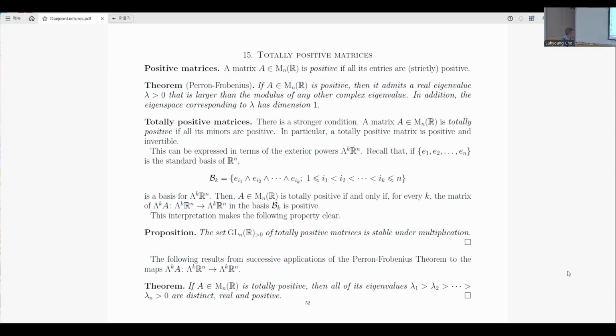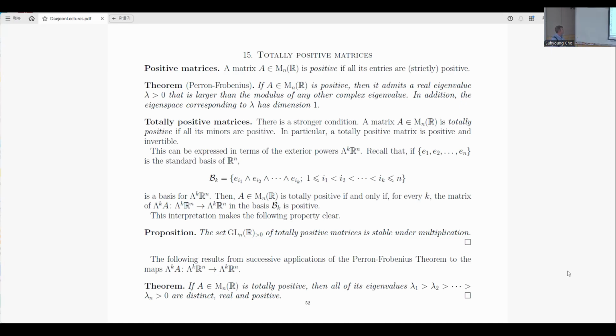Now this definition is weird. There is a better way of understanding this if you look at exterior powers, because the kth exterior power has a basis. If E1, ..., En is the standard basis on Rn, then the wedge products of E_i1, E_i2, ..., E_ik, where the indices increase, form a basis for the exterior power. That's a property of the exterior power.